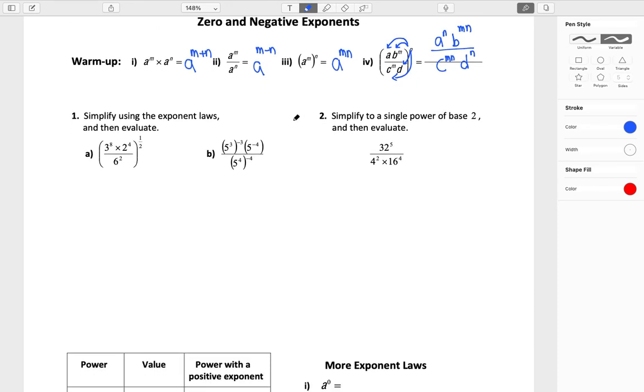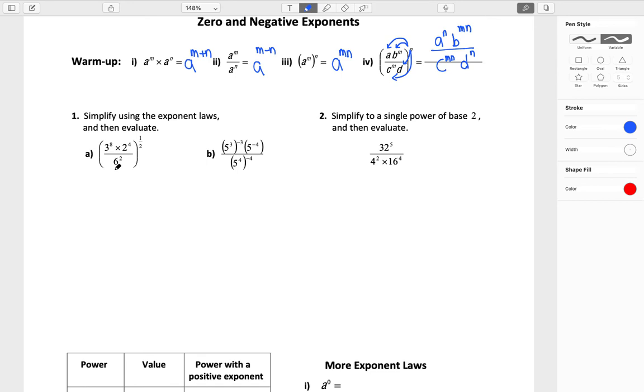So let's try number 1a. If you take a look at number 1a, we want to simplify using exponent laws. We have different bases here: 3, 2, and 6. So I cannot apply an exponent law, right? Because they all have different bases.